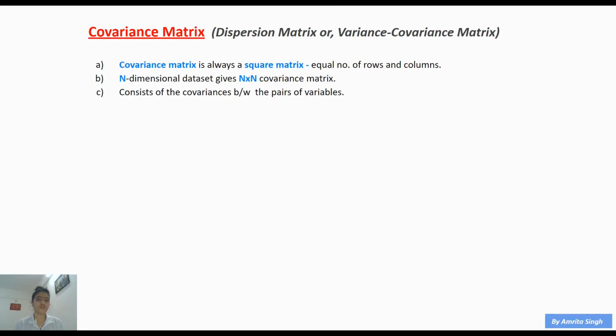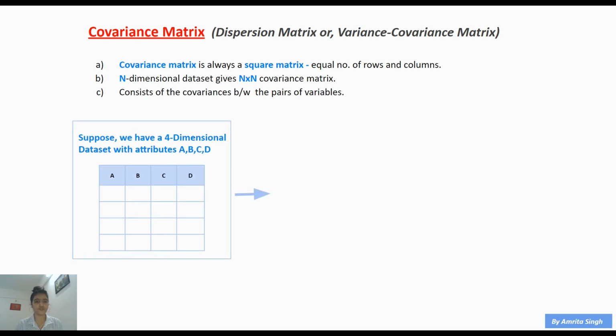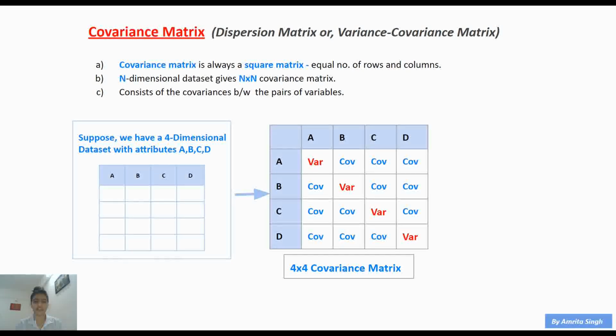The covariance matrix is also known as the dispersion matrix or variance-covariance matrix, because it consists of covariance or variance values between pairs of attributes. If we have an n-dimensional data set, then it will give us an n cross n covariance matrix. Suppose we have a 4-dimensional data set with attributes A, B, C, D, then it will give us something like this.